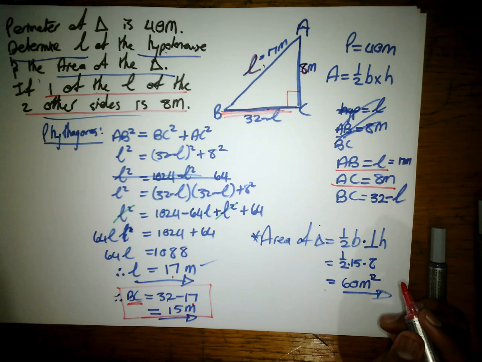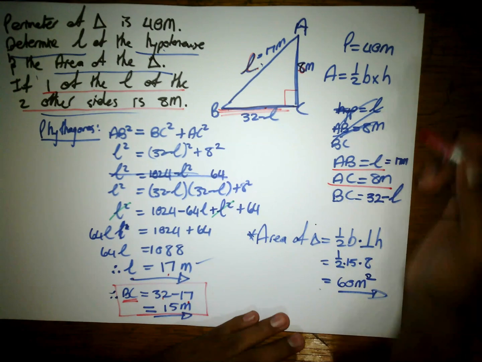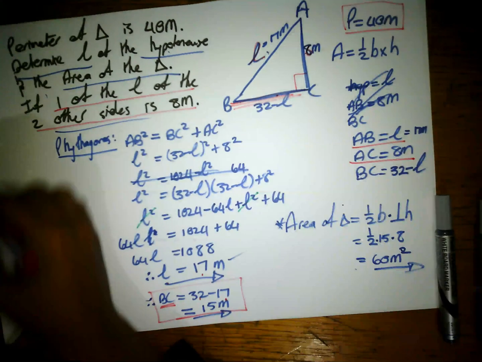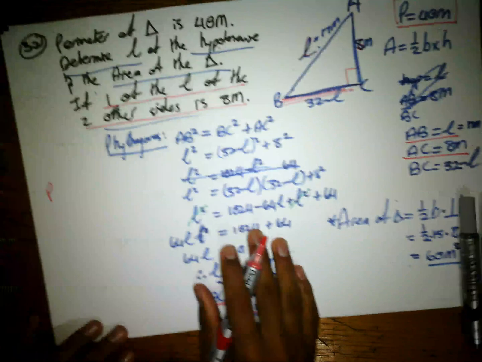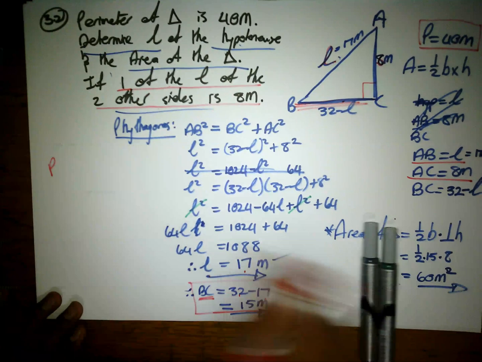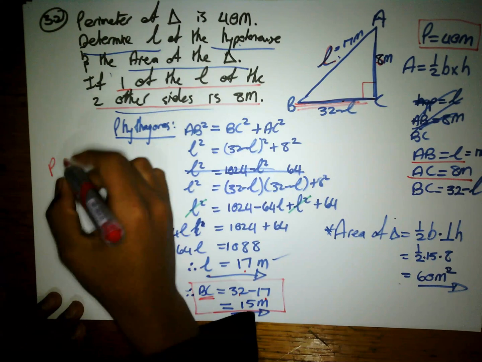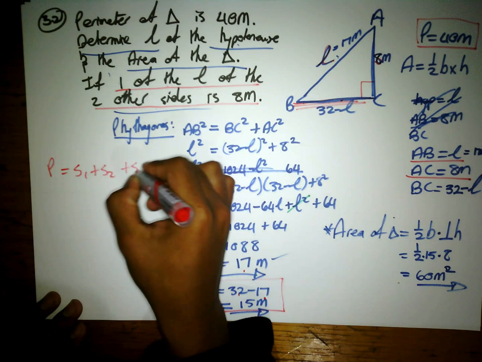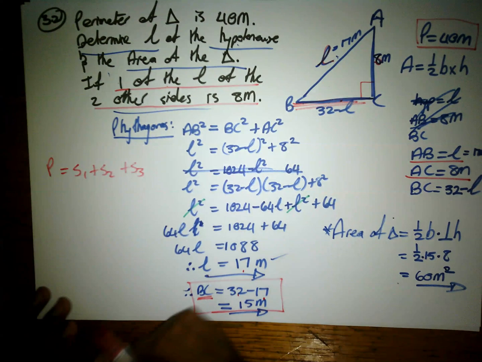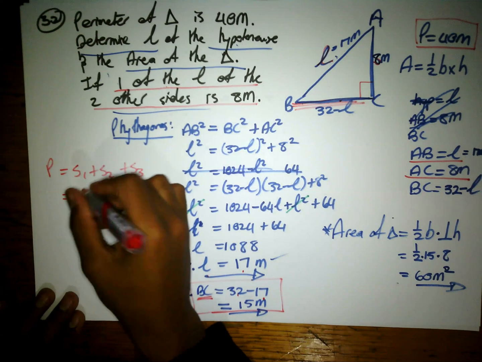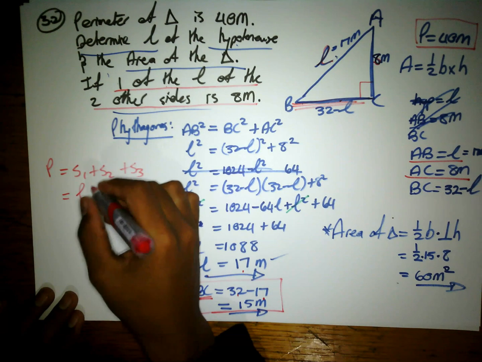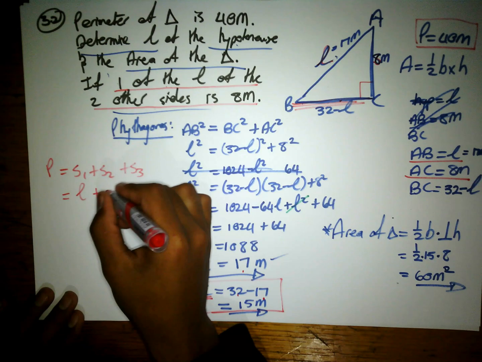So that means we're given a perimeter as well. Perimeter for a triangle is side 1 plus side 2 plus side 3. And we have the length we are asked, and we also were given the 8 meters.